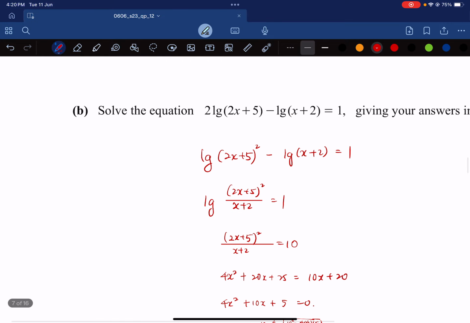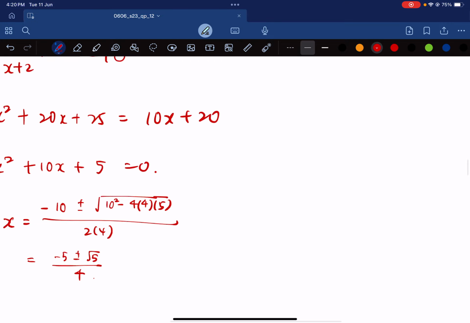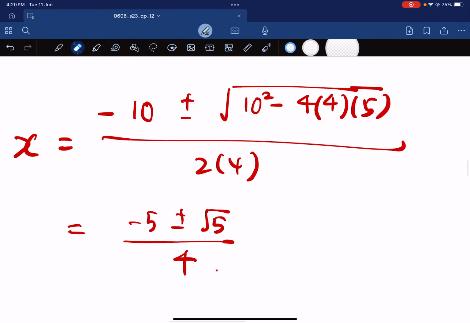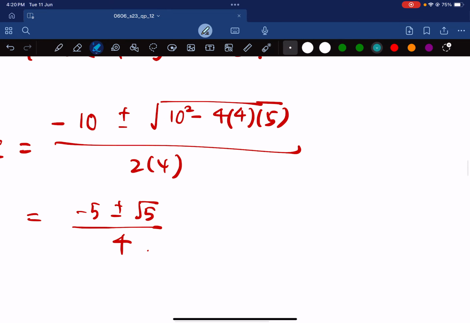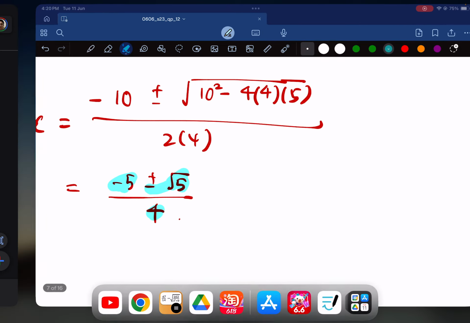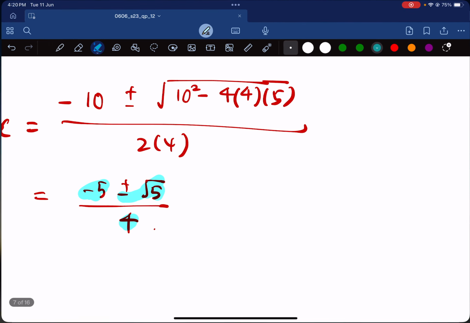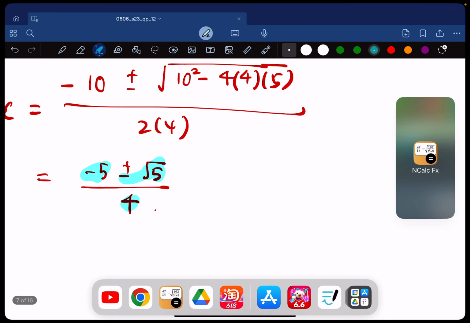Okay. Now we need to double check whether both answers are acceptable or not, because for log questions we need to be careful, right? The argument of log must be greater than 0. So we know that negative 5 minus square root 5 divided by 4, what is this? Double check with our calculator.